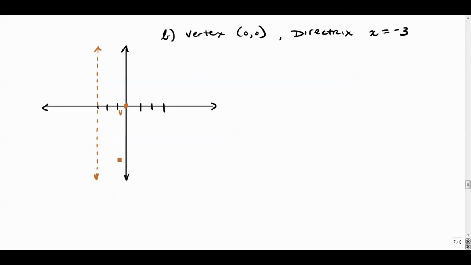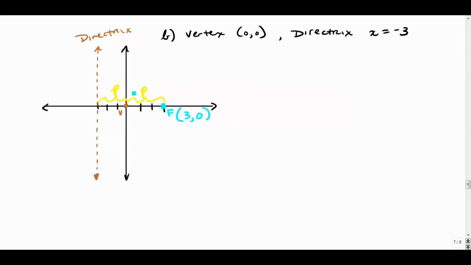So, first thing I do is, let's just draw in my focus just for fun, see if we can figure out where the focus is. If the directrix is 3 units away from the vertex, then that means the focus is also going to be 3 units away. That's our focus. Our focus is (3, 0).